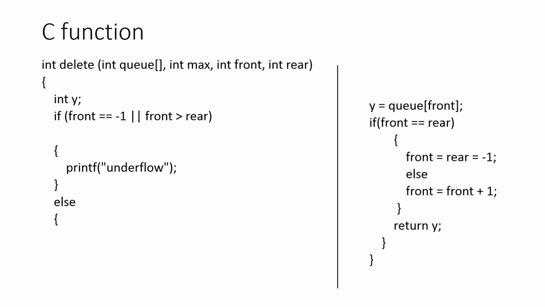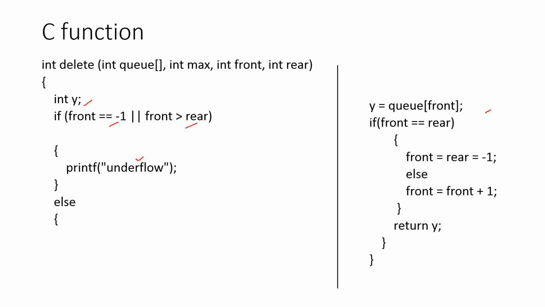This is a C function for deletion. y is a variable where you are storing the deleted element. If front is equal to -1 or front greater than rear, the condition is underflow, that is, no element is there to delete. Else, again you are checking if front is equal to rear, both are the same, only one element is there and that element is deleted, and front and rear will become minus 1.